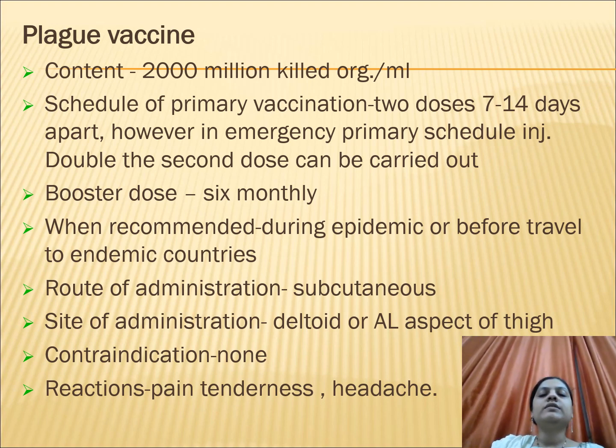However, in emergency, primary schedule injection and double the second dose can be carried out. Booster doses have to be given after every 6 months. When recommended during epidemic or before travel to endemic countries, it is administered subcutaneously on the deltoid or the anterolateral aspect of the thigh, and there are no contraindications for its use, and the common reactions are pain, tenderness and headache.